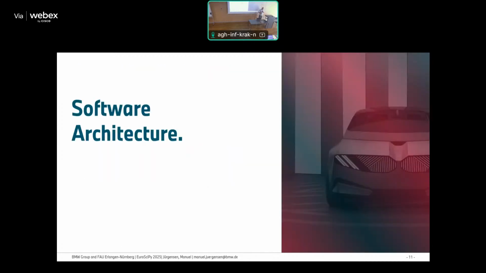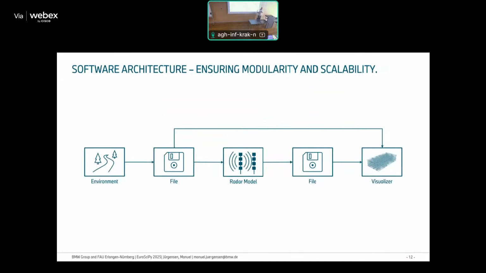So the project started with me trying to figure out how I will structure the software. And the structure I came up with is quite simple, but for this kind of task, it's very nice. So basically, we have data files which we can always save, and we can do the process step by step.